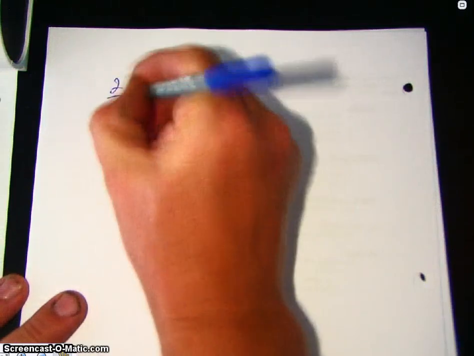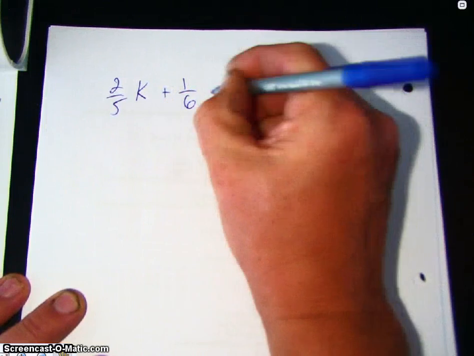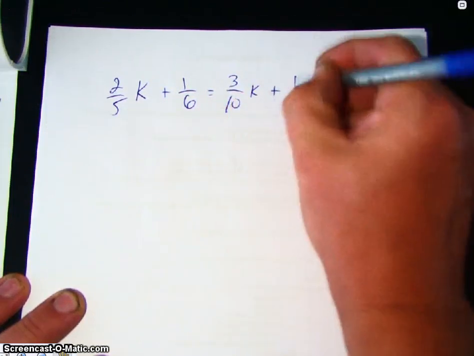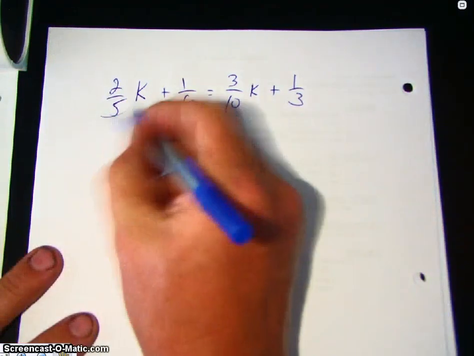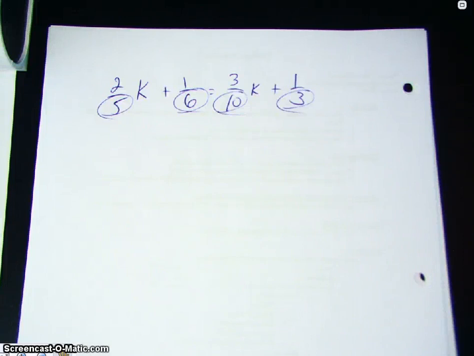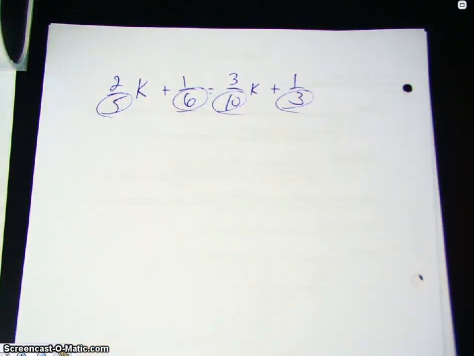2/5 k plus 1/6 equals 3/10 k plus 1/3. Now looking at my denominators, I have a 5, a 6, a 10, and a 3. So they're all different. I've got to find a number that all 4 go into evenly.